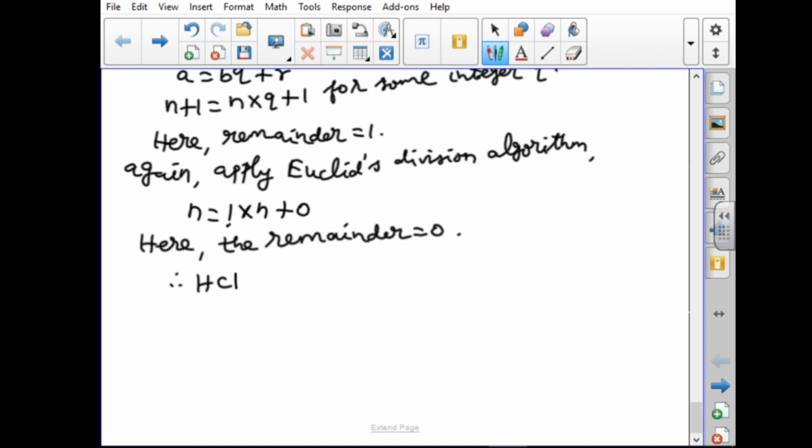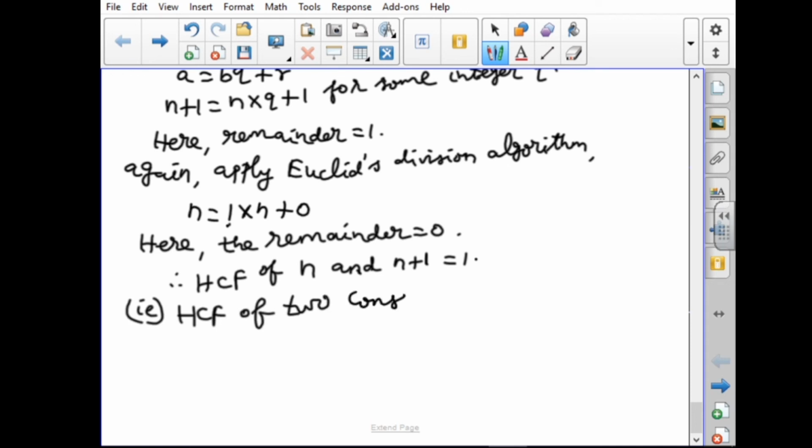Therefore, HCF of n and n + 1 equals 1. That is, HCF of two consecutive positive integers equals 1.